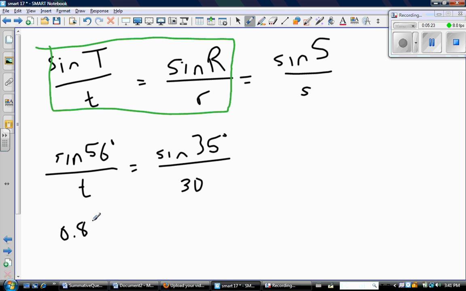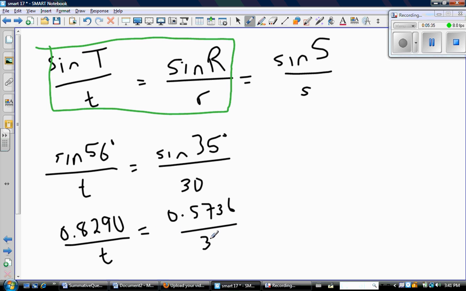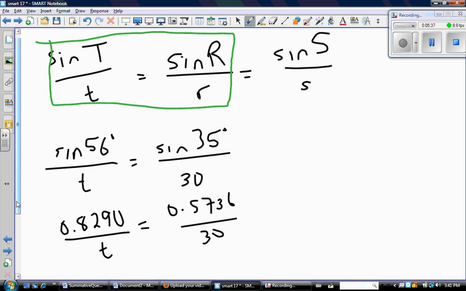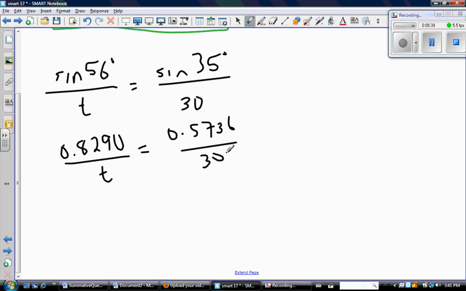I get 0.8290 over T equals 0.5736 over 30. Cross multiply. So 30 times 0.8290 gives me 24.87.